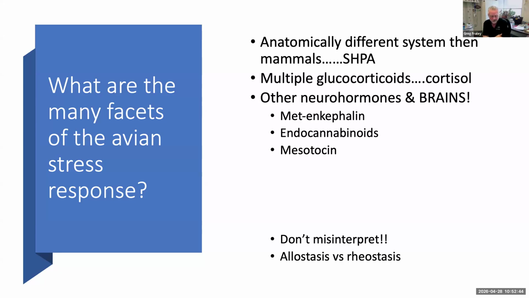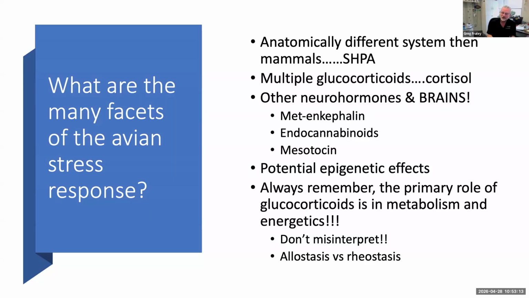And that's something I'm working on with Heather Neve here at Purdue. Mesotocin, which is the analogous, or orthologous, neurohormone to oxytocin in mammals. Is mesotocin possibly another indicator of positive affective state? That's something else we're looking at.